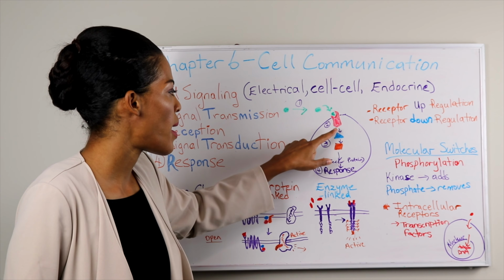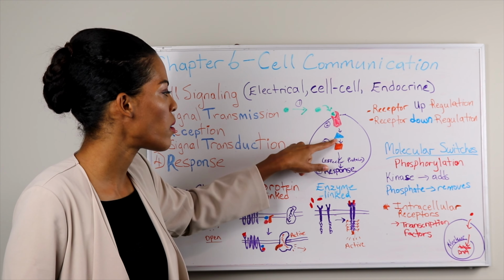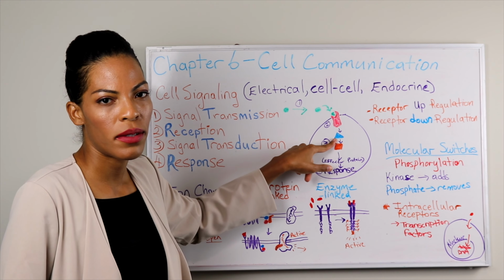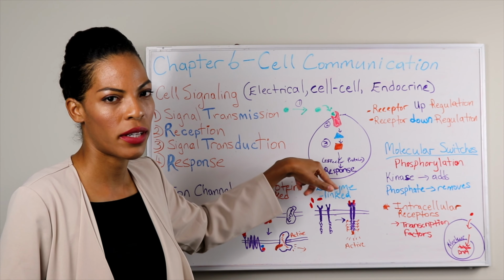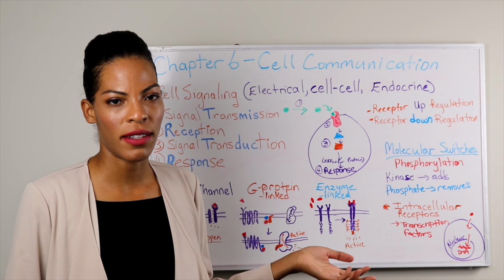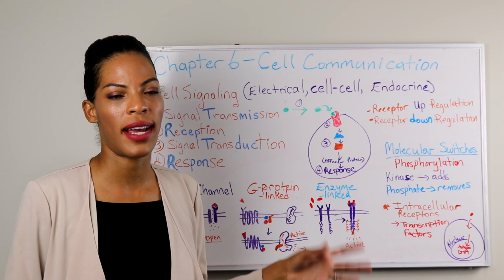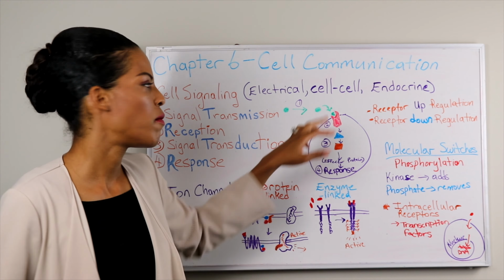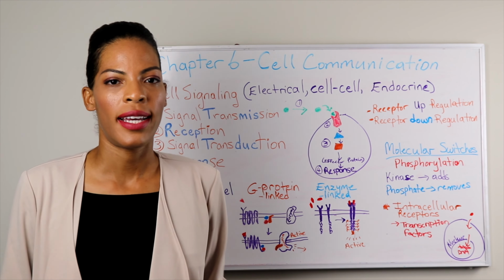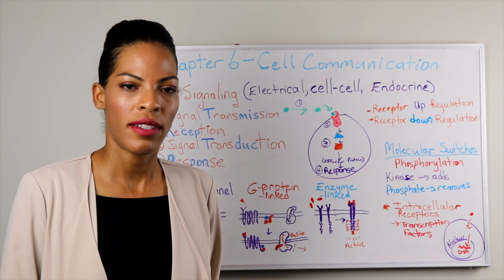A lot of times what happens is that the receptor will talk to another molecule or protein, and that will talk to another one, and so forth until the message gets passed along. And that process is known as transduction. So passing the message along from the signal originally is known as signal transduction.